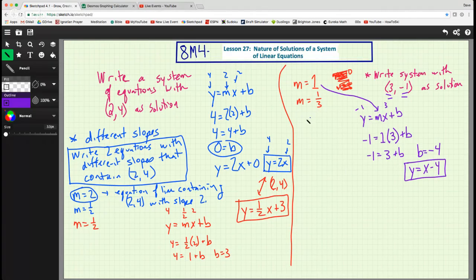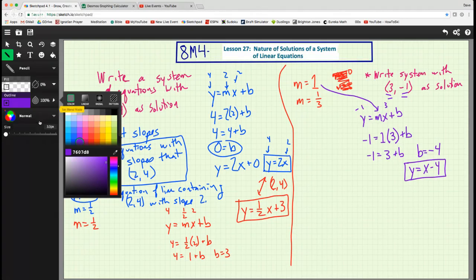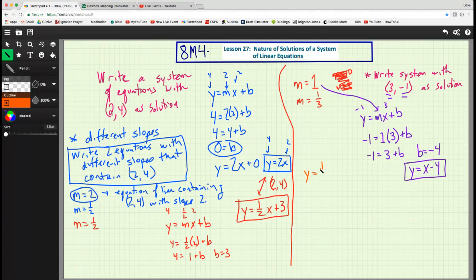My second equation, y equals 1/3 x plus b. So y, -1 equals 1/3 times 3 plus b. So -1 equals 1 plus b. b equals -2.